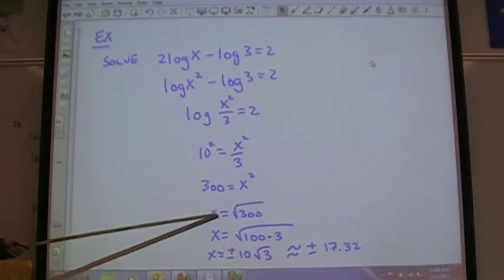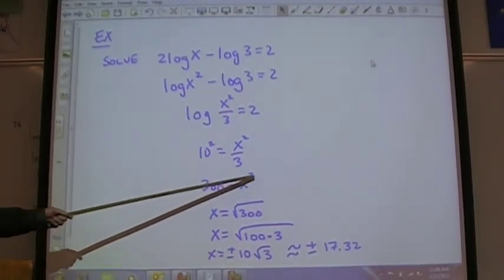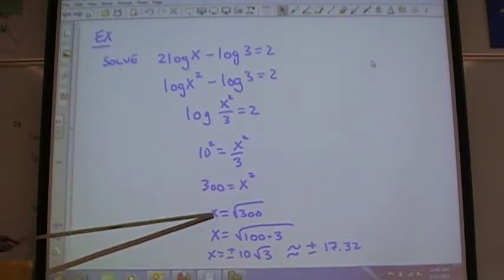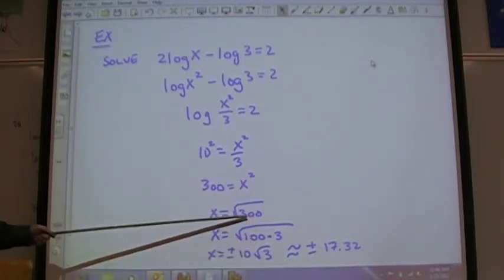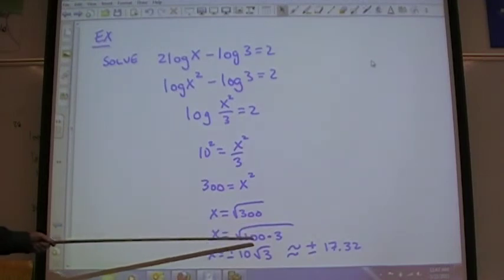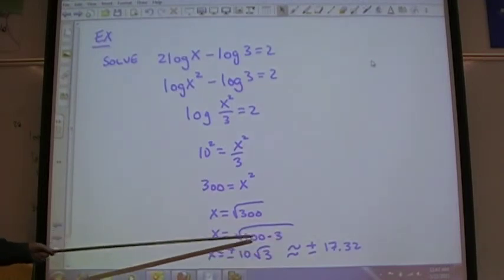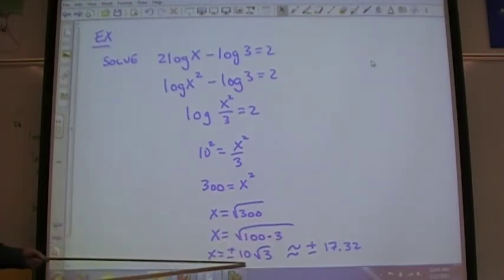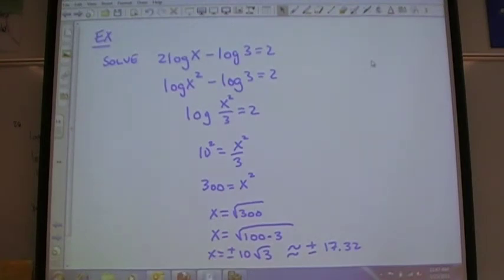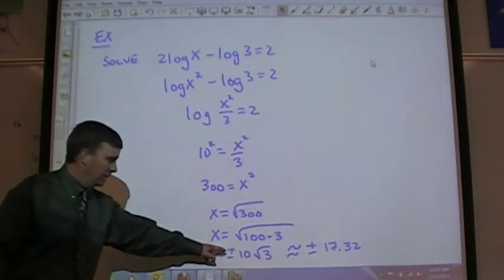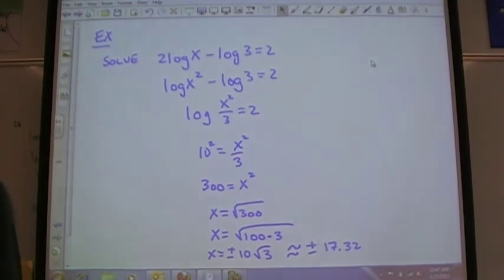At this point, to get rid of the square, what's the opposite of squaring? Square root both sides, so I take the square root of 300. What's a factor of 300 that's a perfect square? 100 times 3, and the square root of 100 is 10. So your exact answer, if I asked for the exact answer, would be plus minus 10 root 3. You've got to put the plus minus.